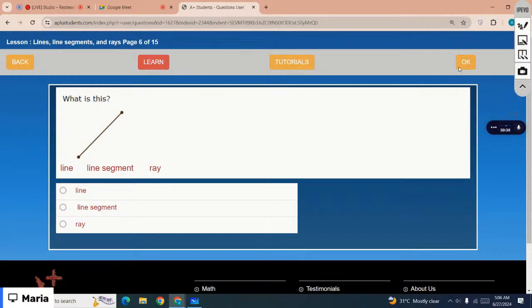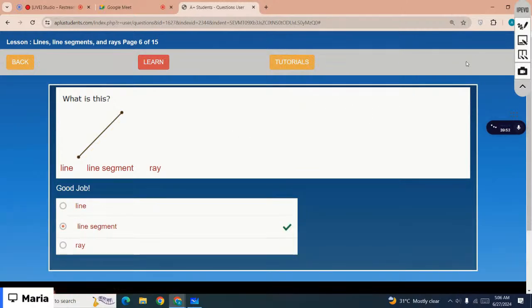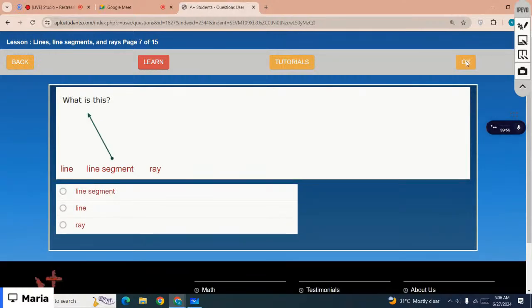Which is the correct option? Line segment it is, right? What is this? Ray, it is. The correct option is ray.